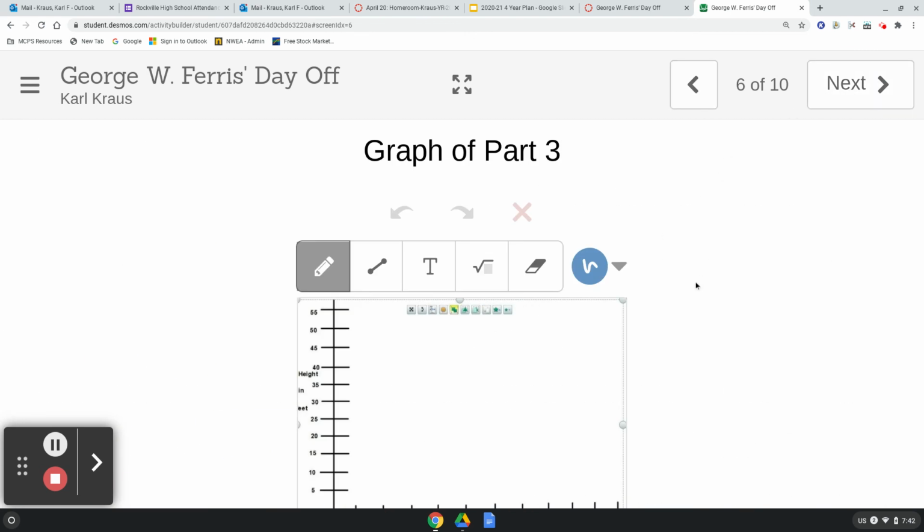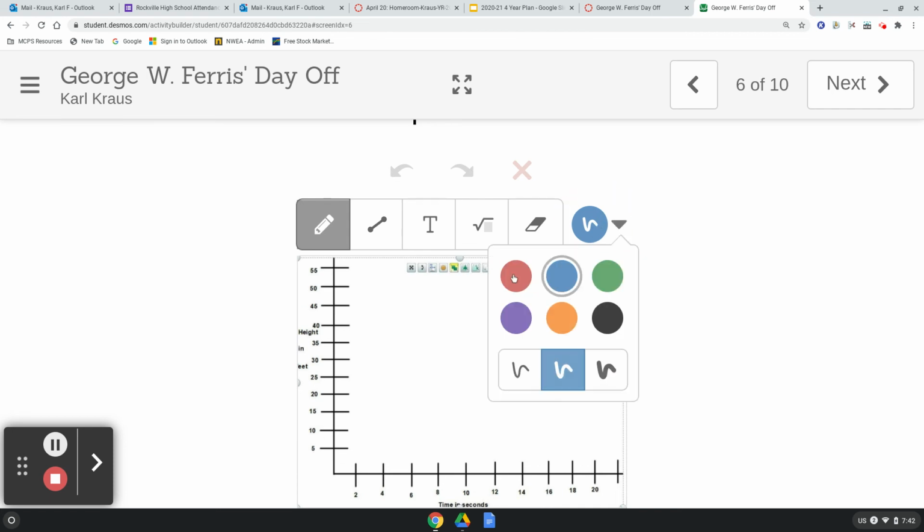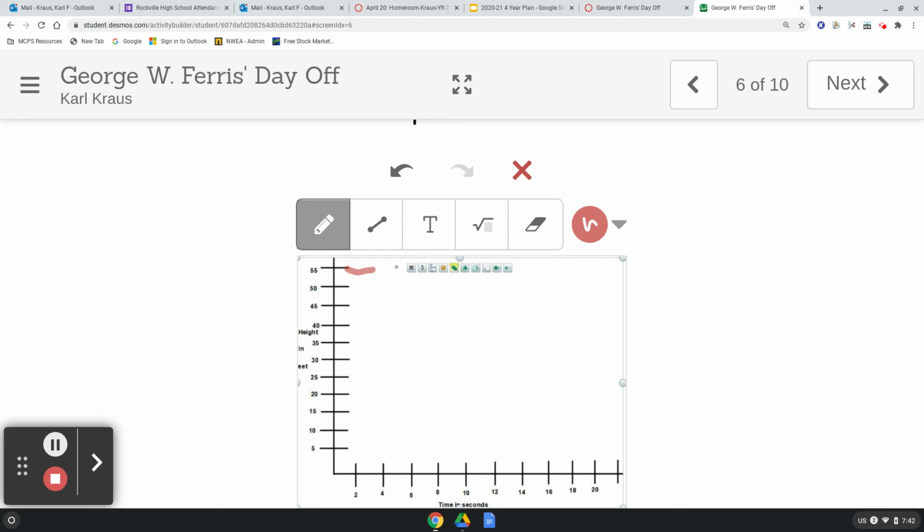So if we were to draw the graph of part 3, once again, let me do it in red. We want to put a dashed line. Let me use the line segment tool so I can make this a little bit neater.